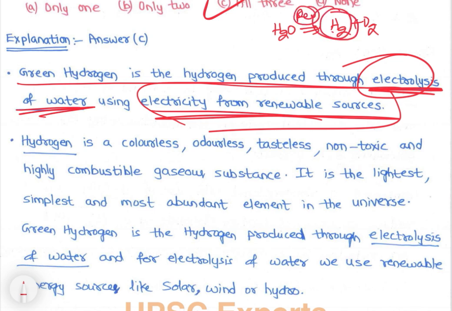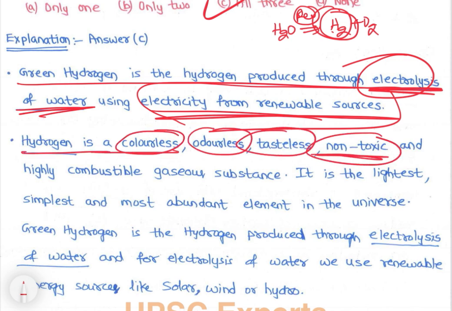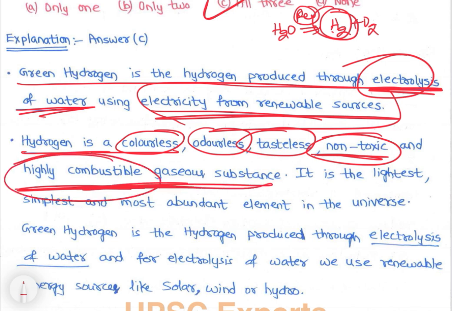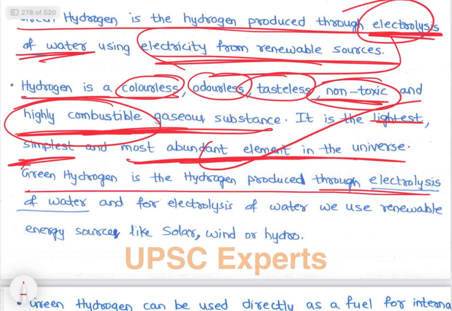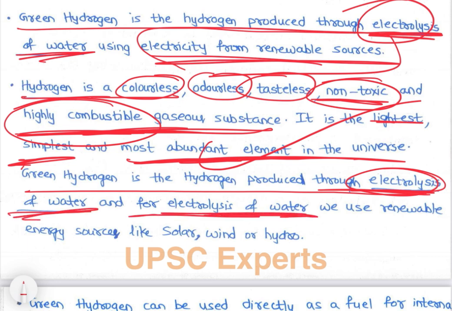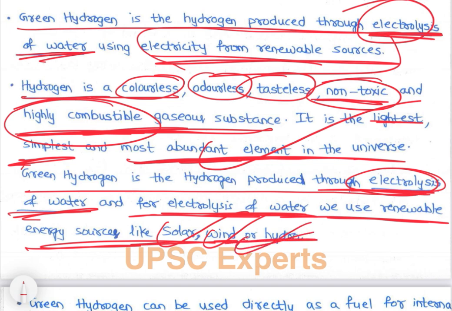Hydrogen is a colorless, odorless, tasteless, non-toxic and highly combustible gaseous substance. Highly combustible, right? It is the lightest, simplest and most abundant element in the universe, right? For electrolysis of water we use renewable energy sources like solar, wind or hydro, right?